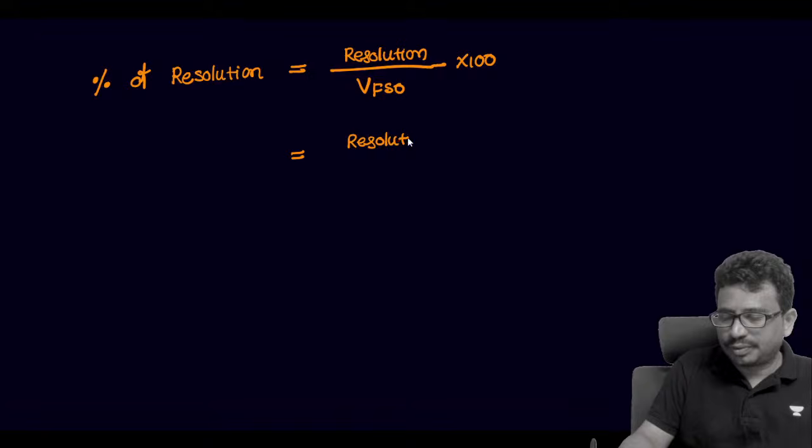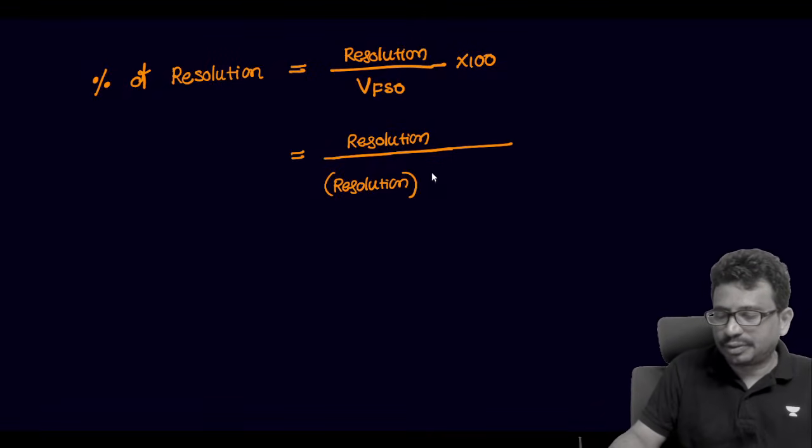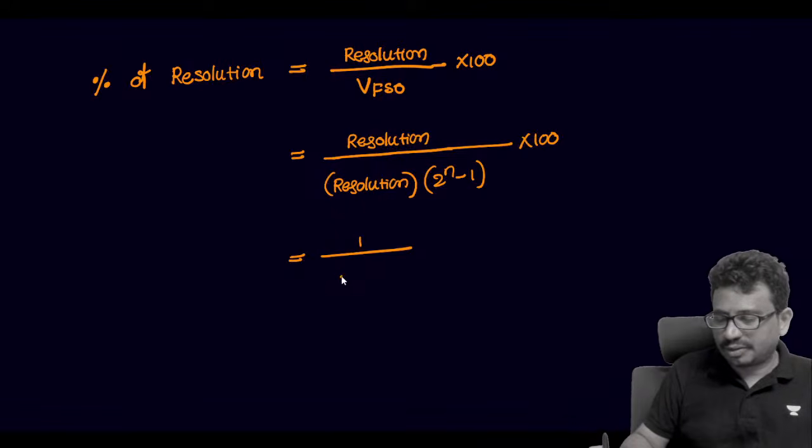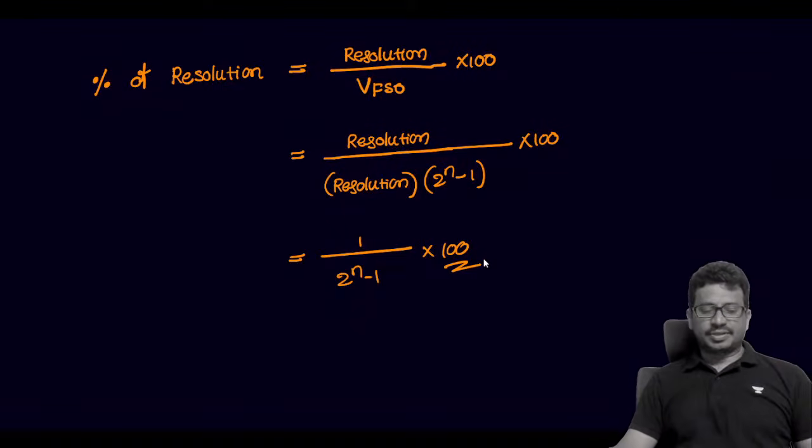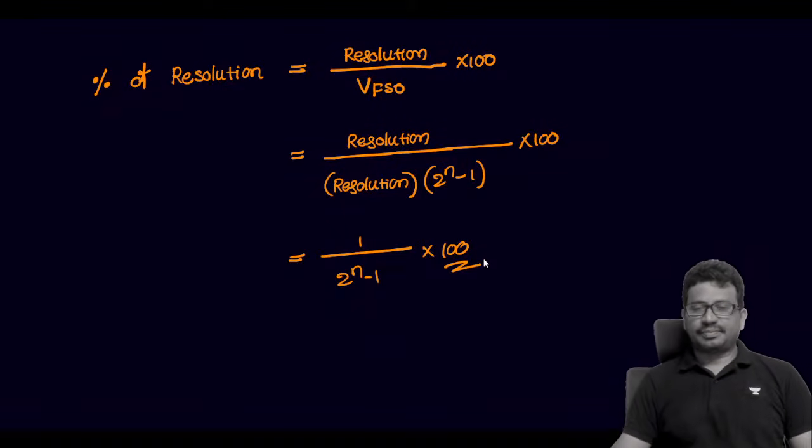The full scale output equals resolution into 2 power n minus 1. So the percentage of resolution comes to 1 by 2 power n minus 1, into 100.